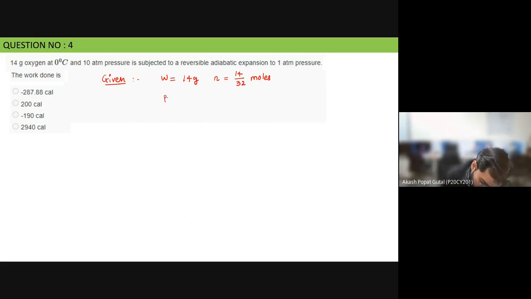Sorry, the pressure is given: the initial pressure P1 is 10 atm, and the final pressure that we are going to get is 1 atm. And the temperature is 0 degrees Celsius, which means 273 Kelvin.